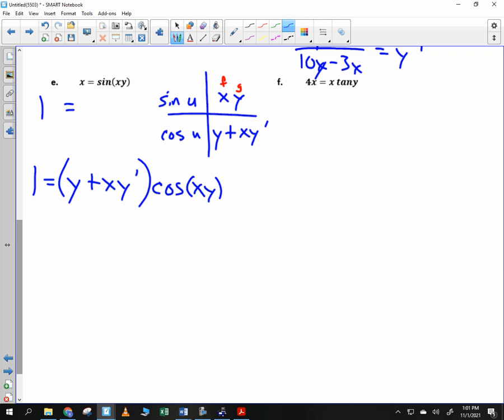I want to get at the y prime. I have two options. I could either distribute the cosine through, or I could divide the cosine off. Which would you rather do? Let's divide the cosine off. What's 1 divided by cosine? Secant. Secant of xy is equal to y plus xy prime.